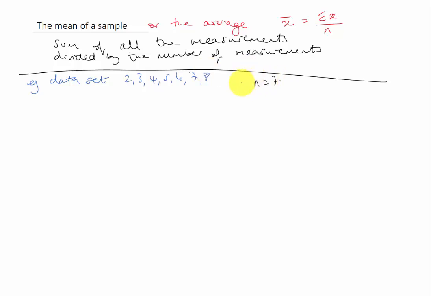There are 7 different measurements here in our sample, and so the mean, x bar, is equal to the sum of x over n. So that's 2 plus 3 plus 4 plus 5 plus 6 plus 7 plus 8, all over 7. n is 7, so that's equal to 35 over 7, which is 5.